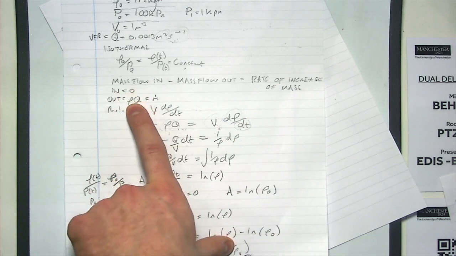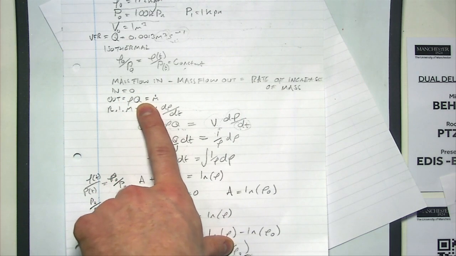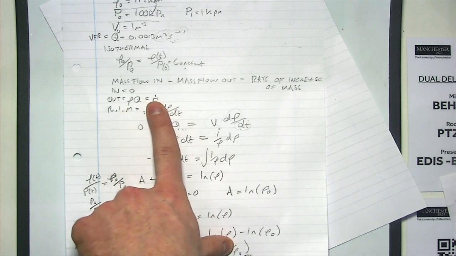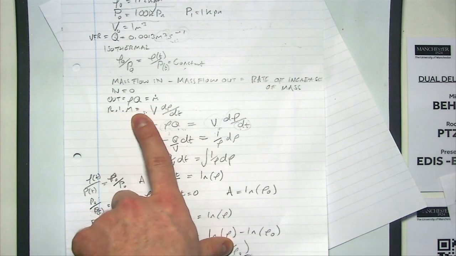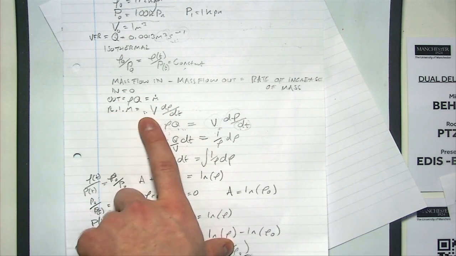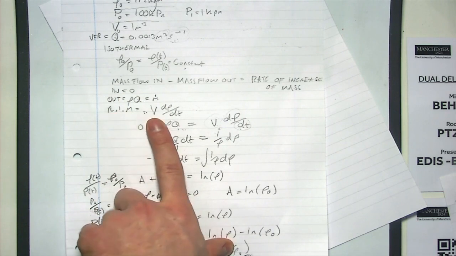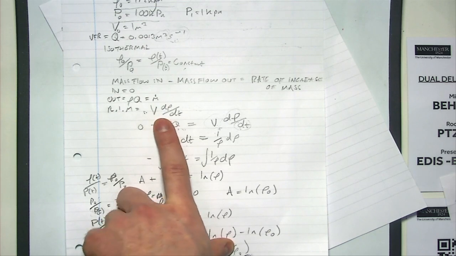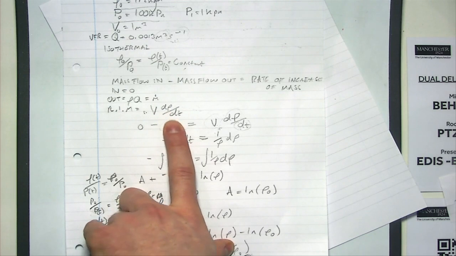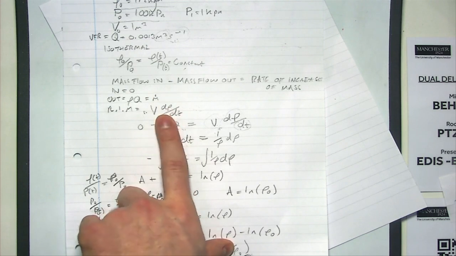What's being pulled out mass-wise is the density times the volume being pulled out each second, which is the Q, the mass flow rate. The rate of increase of mass is negative in this case, though not necessarily in general, and that's equal to the volume times the change in density with time.